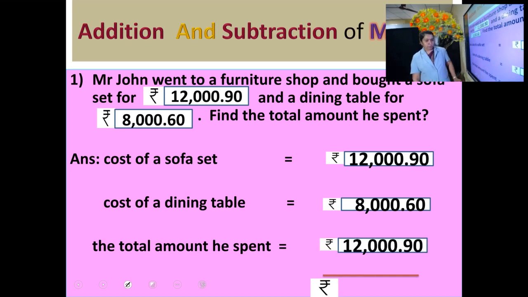Listen. Rupees 12,000.90 plus, here we have a 5-digit number. Here 8,000 is a 4-digit number. After the point, the digits are the same. So first you have to write the point. After the point, 60 is there, isn't it? You have to write the same number there.